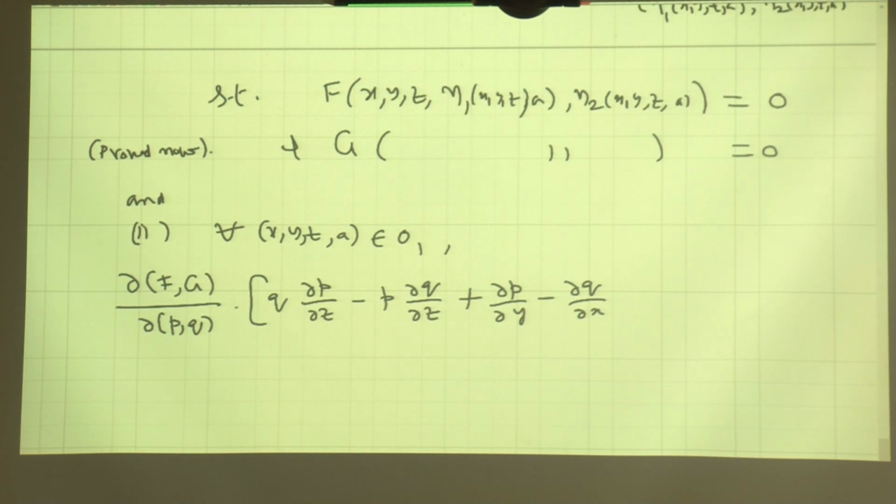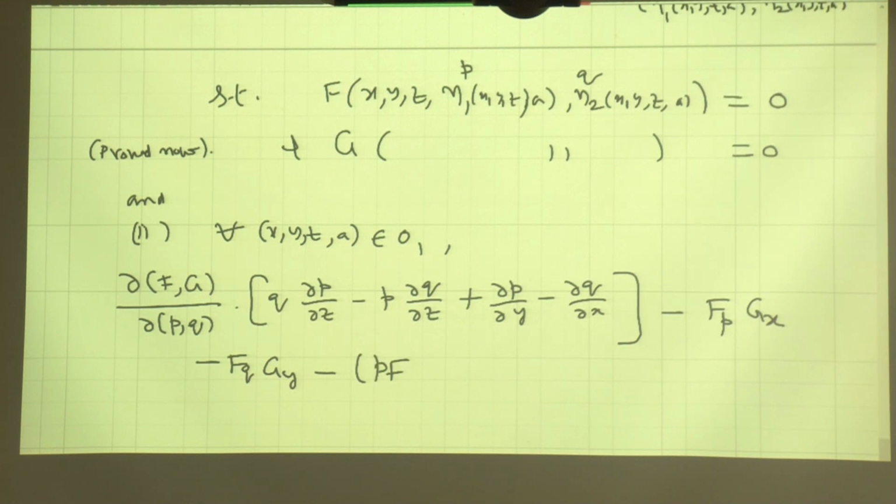Yeah, in fact, this eta 1, eta 2 is precisely P and Q. P of this, Q of this. And that is the P I am talking about here. It's a long equation. Minus Fp Gx minus Fq Gy minus Gz plus Fx plus P Fz into Gp plus Fy plus Q Fz into Gq equal to 0. These are interesting combinations.